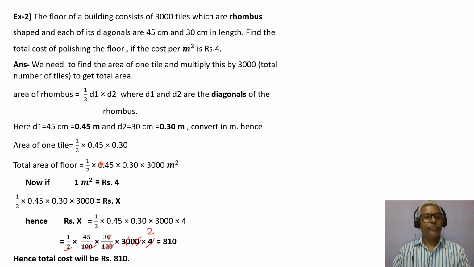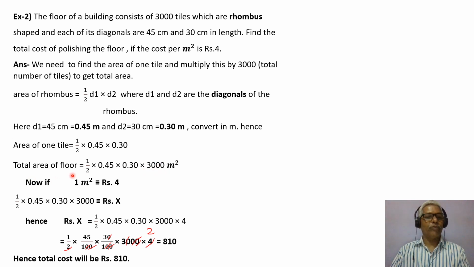Now don't calculate at this stage, because we have to multiply the whole by 3000. So we will do that stage also. The total number of tiles is 3000.